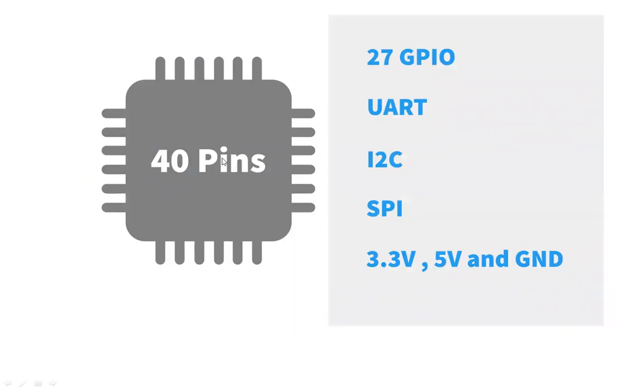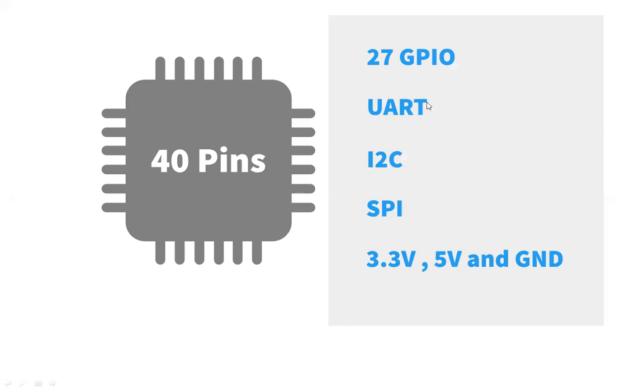The main thing is that we have a total of 40 pins on this particular board. In these 40 pins, we have 27 GPIOs, general purpose input output pins. We can interface with the physical world through these 27 GPIOs.